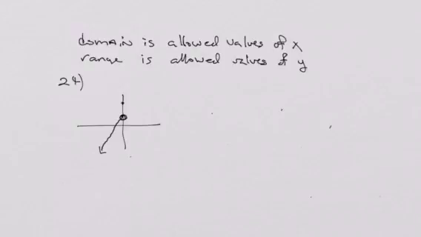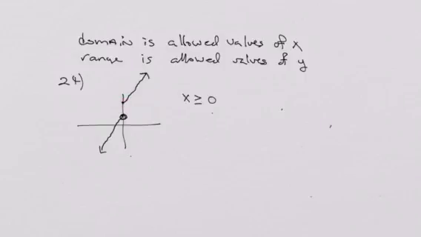Then it switches over to this function, and let's think about our domain and range. Because the domain of the second function is x is greater than or equal to 0, that means it actually can reach that specific point.